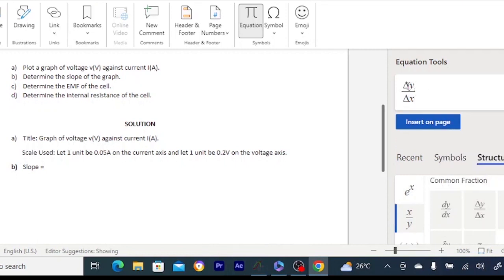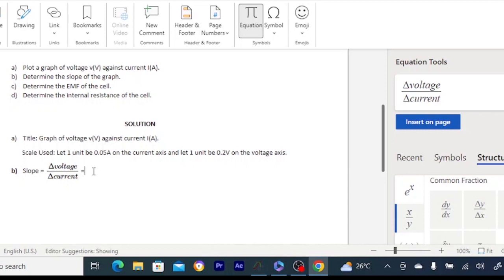But now I'm not working with y and x, I'm working with voltage and current. My y-axis is voltage, so I'll say change in voltage all over change in current. So my slope is equal to change in voltage all over change in current.